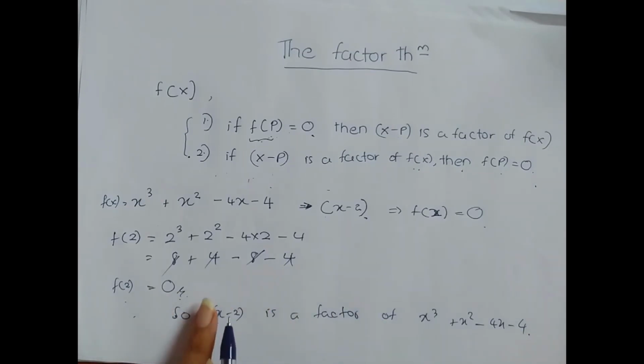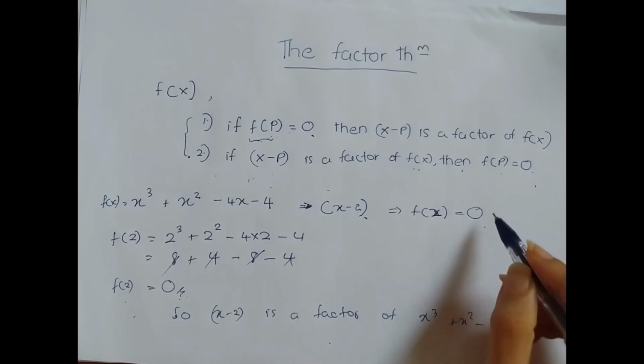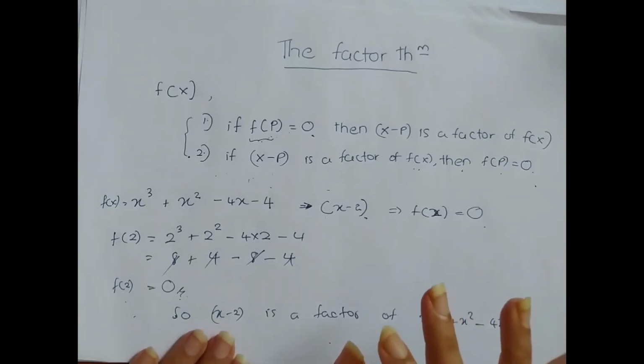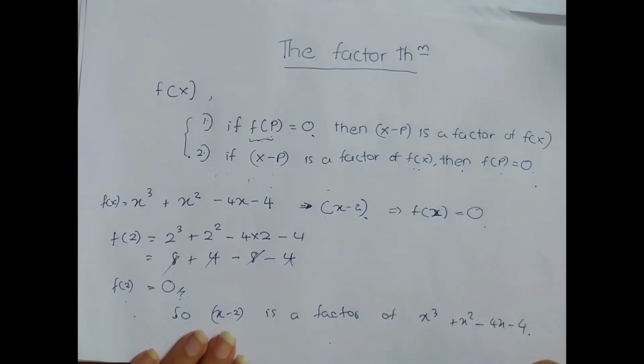You can find the factor using this method, or you can use long division and find the factors, or you can do the factorization and dividing. So these are the ways of doing any sum, but what you must remember in the factor theorem is that we can find whether it is a factor or not. We are not going to divide it and see what the remainder is.